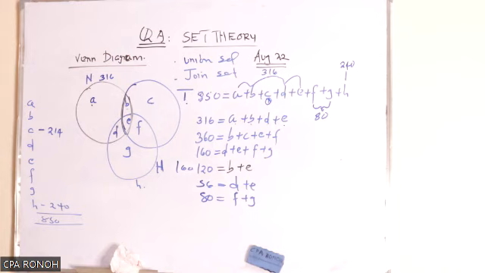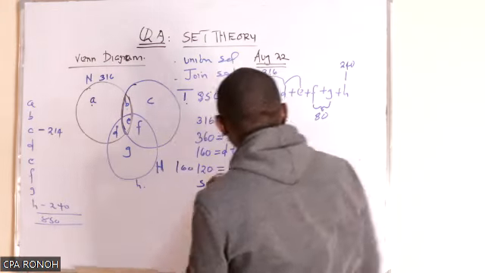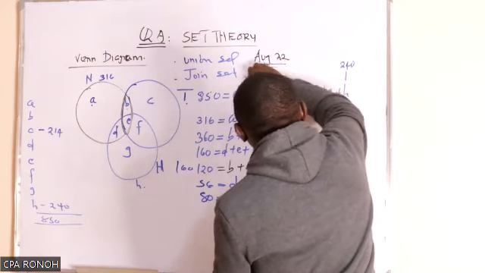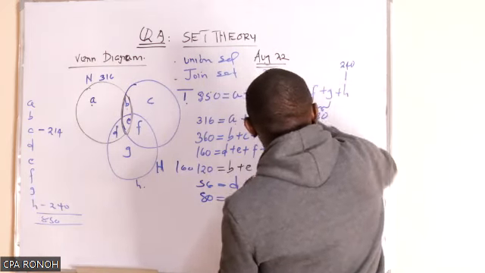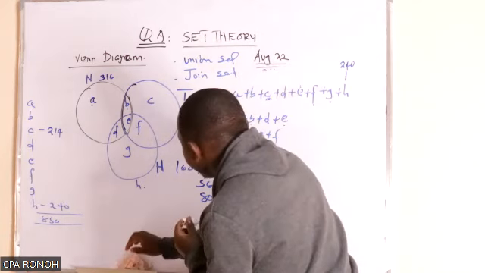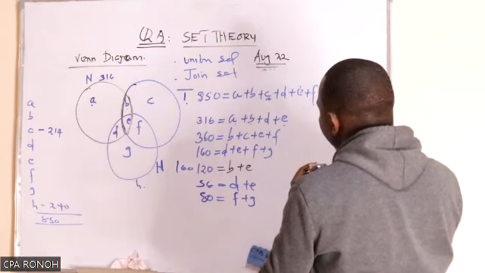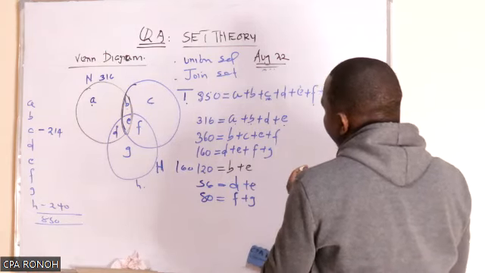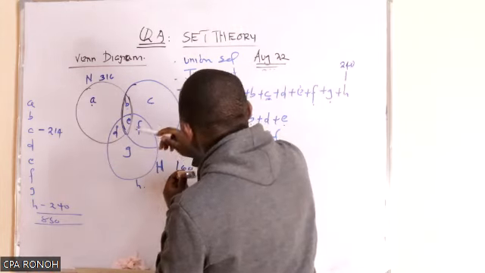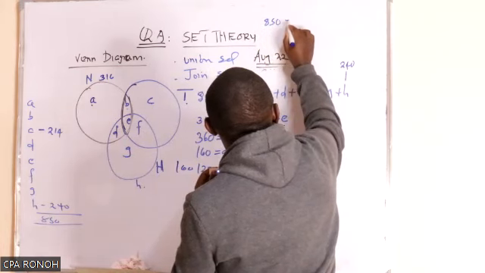So which other letter can we get that can enable us to get another letter? The total we have been told is 850.